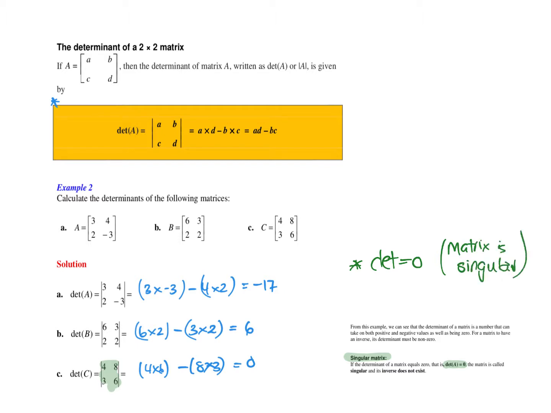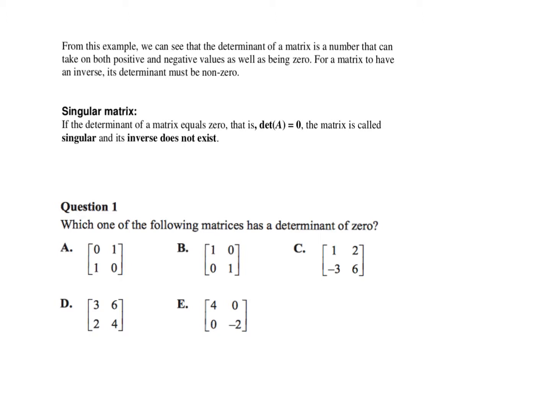We'll learn a little bit about that in a minute, but for now, you might write underneath, which we'll understand a bit later, that it means there's no unique solution. So a singular matrix is when the determinant equals 0.